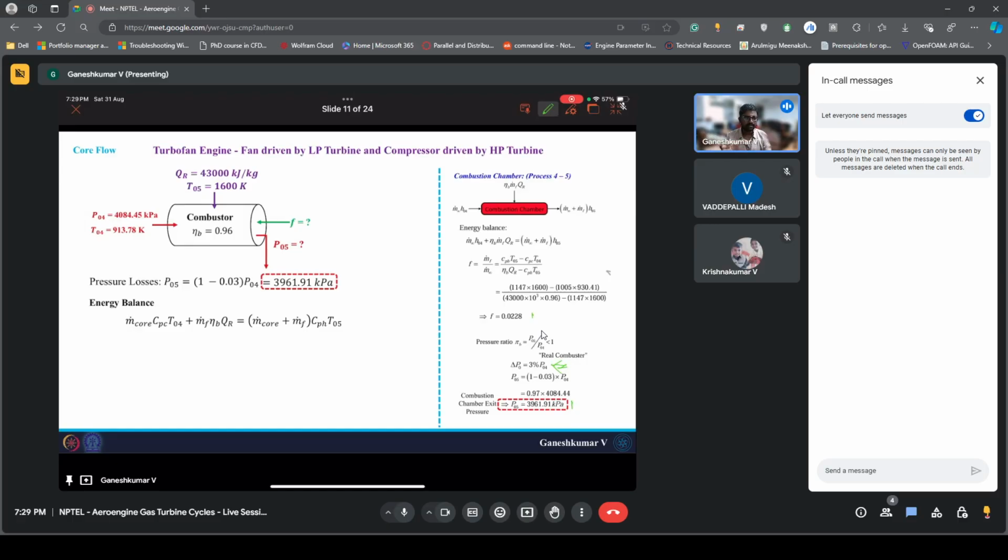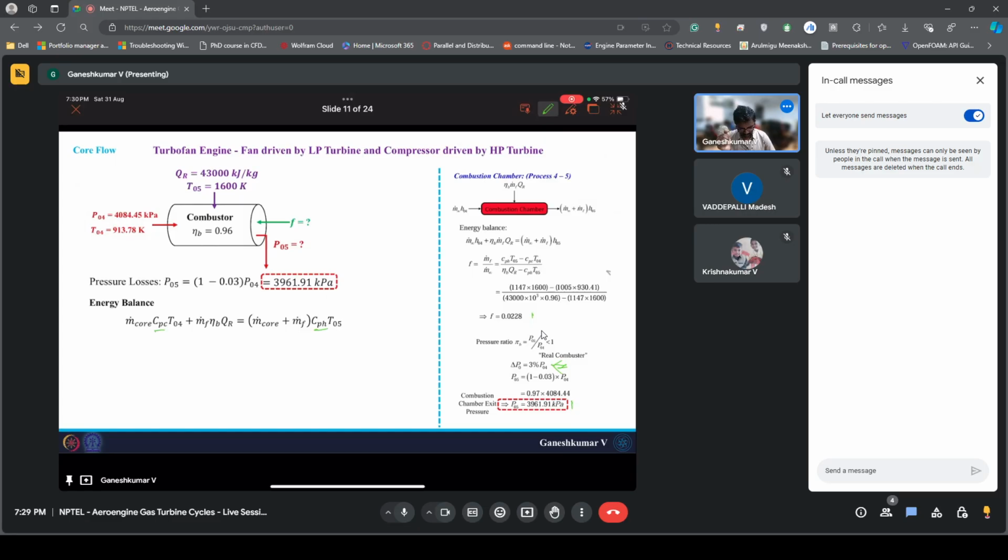That's what energy in is equal to energy out. So the energy in would be the energy of the air plus the fuel energy with some burner efficiency, which is 0.96 that we have. And then you have CPC and CPH. We all know why, because composition changes, so specific heat changes at the exit of the combustor.